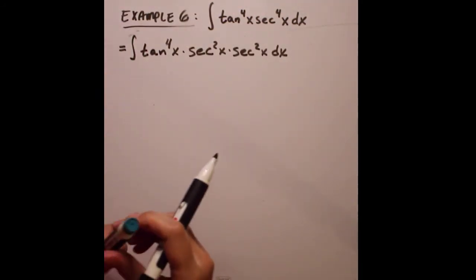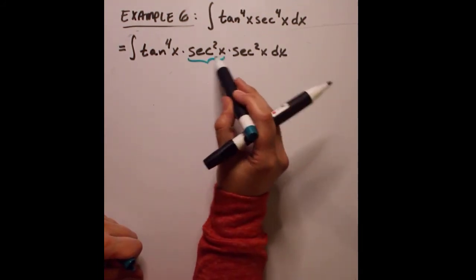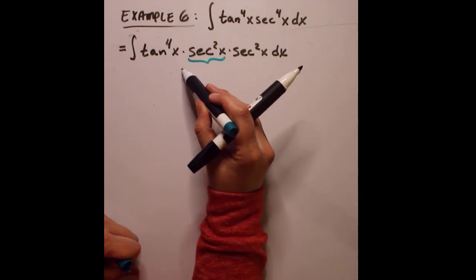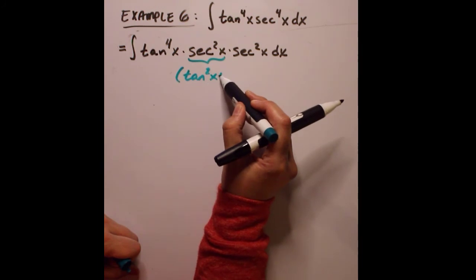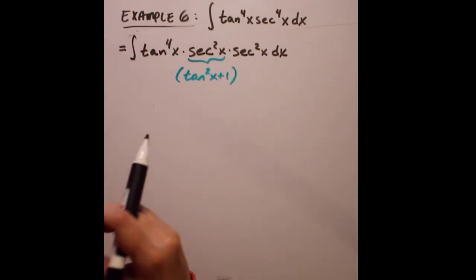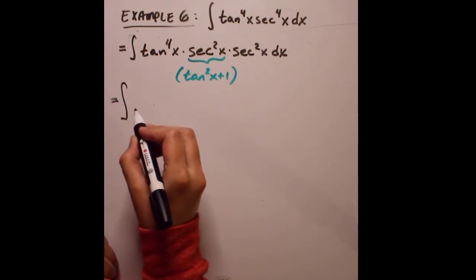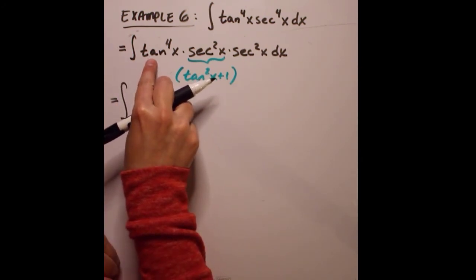And so what we're going to do here then is deal with one of these extra secant squareds, because if we have two, we just saw that substitution won't work. So one of these secant squareds, we're going to rewrite as tangent squared x plus 1. Okay, so let's just simplify this a tad. Let's go ahead and distribute this tangent to the fourth.